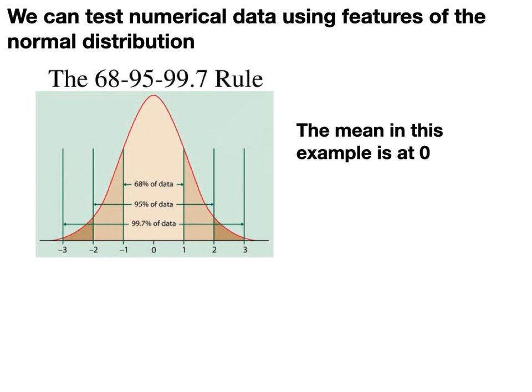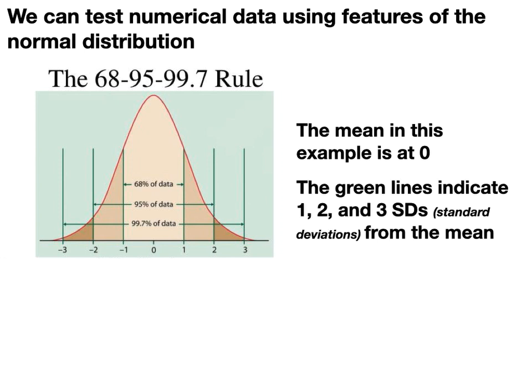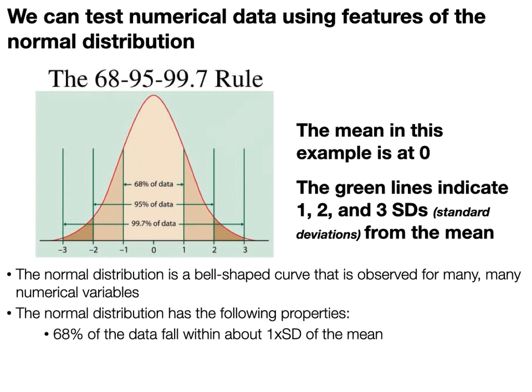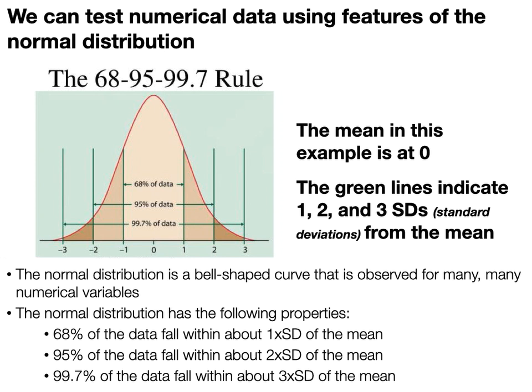And so in this particular case, the mean of this normal distribution is at 0. And the green lines indicate 1, 2, and 3 standard deviations away from the mean. And so the normal distribution has these properties where 68% of the data will fall within about 1 standard deviation of the mean. 95% of the data will fall within about 2 standard deviations of the mean, and 99.7% of the data fall within about 3 standard deviations of the mean.